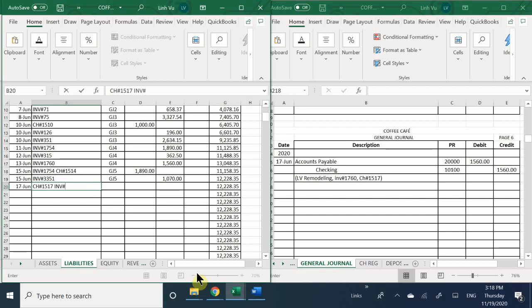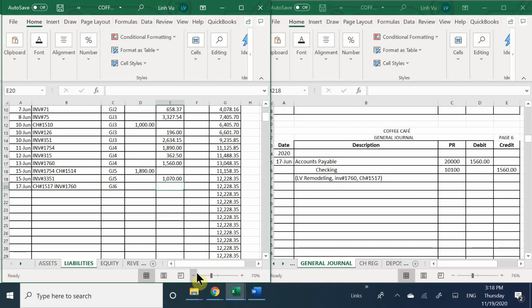General Journal 6. And then it was for $1,560 in the credit column.